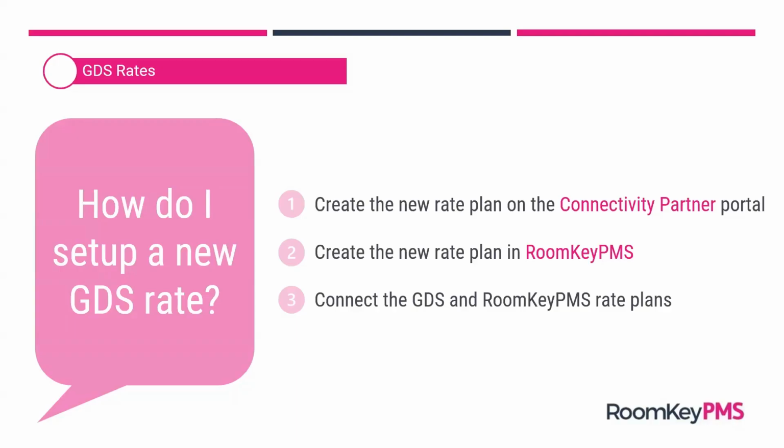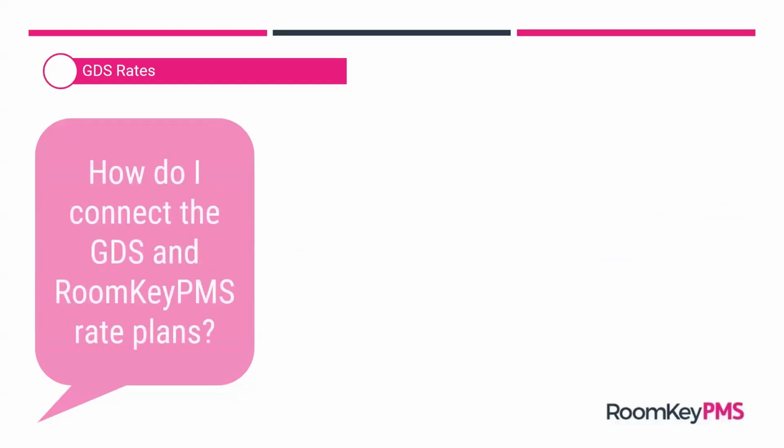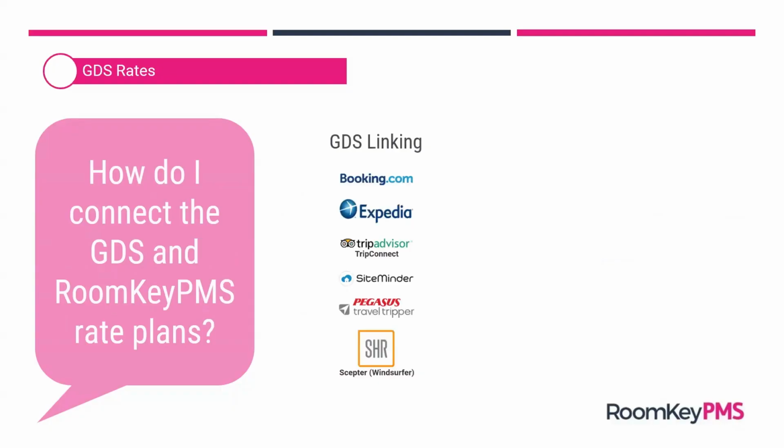Now, once you have created the rate plan on the connectivity partner and the new rate plan in Roomkey, you are now going to connect the GDS and Roomkey PMS rate plans together using the rate mapping tool. So you might ask, how do you connect a GDS rate plan and a Roomkey PMS rate plan? We've got a couple of different options depending on the type of connectivity partner you're using. If you've got any of our standard interfaces, you can use our GDS linking tool.